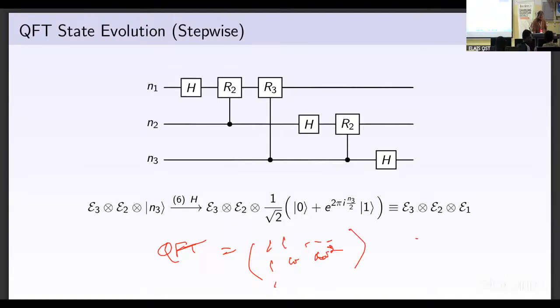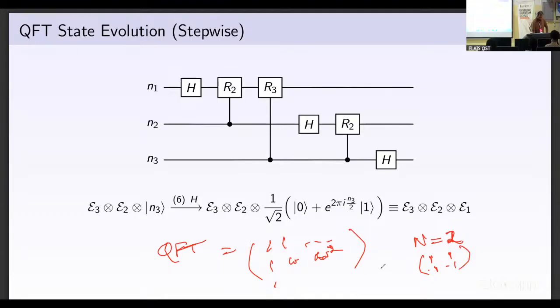So for n equal to 2, for just the 1 qubit case, it reduces to 1 1, 1 minus 1.